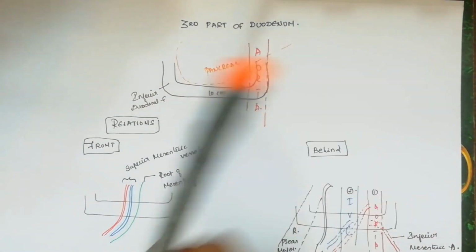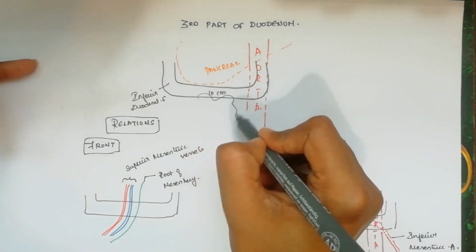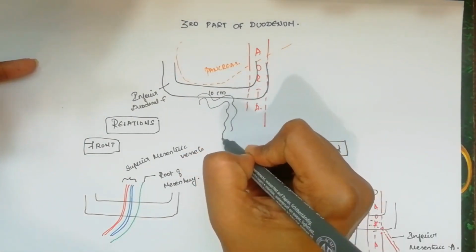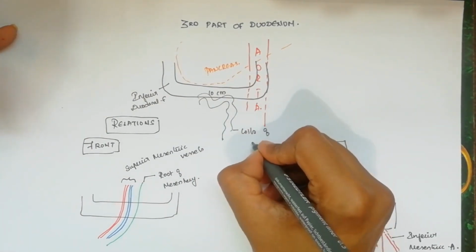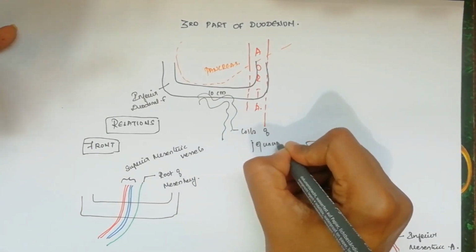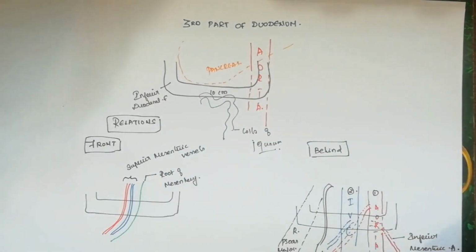So this is above relation. And below relation we have got some coils of small intestine. So coils of small intestine also will be related. Jejunum especially will be related just below. Above we have got pancreas. So these all about the relation of third part of duodenum.